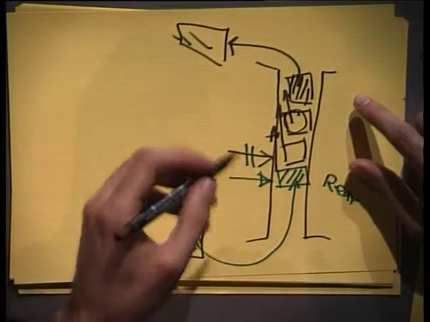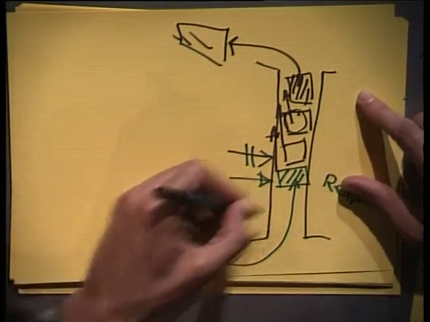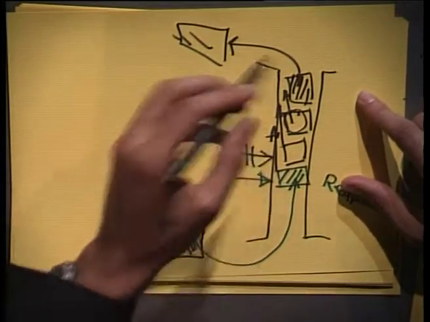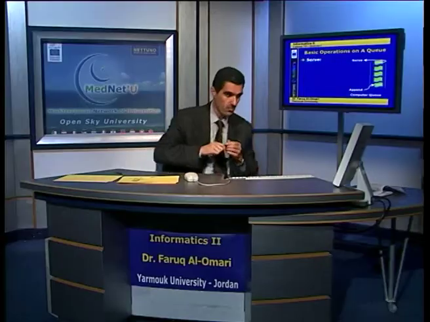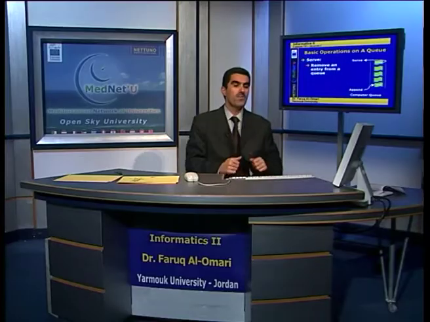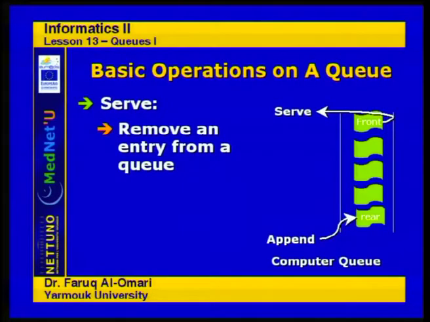So adding or appending goes to the very end. Serving means taking items from the queue. So serve means remove an entry from a queue, and as we said, it is the very first entry that I have in the queue.